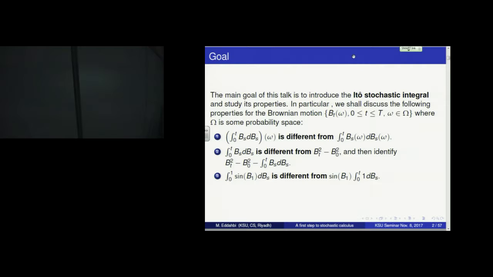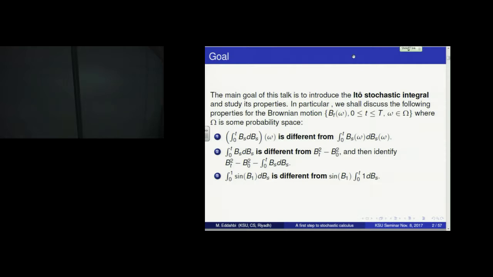By the way, this process is irregular, nowhere differentiable, and continuous. I will show you later some pictures of the plots, the trajectories of this process.